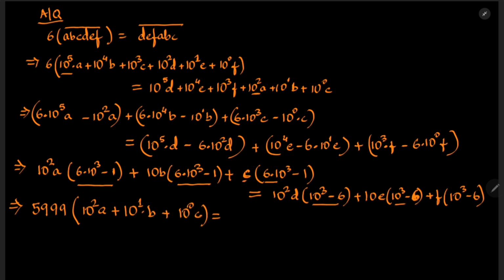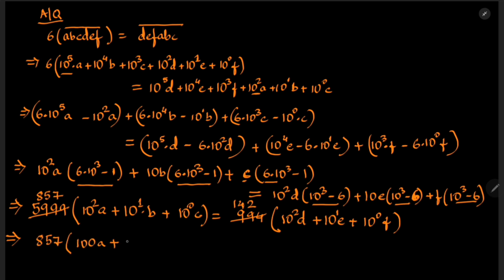On the right hand side we can see that 10 cube minus 6 is common from all these three terms, which happens to be 994, and the remaining term would be 10 square d plus 10e plus f. Okay, now just by checking the divisibility, we found out that 5999 and 994 have a common factor 7, so we'll cancel it out.